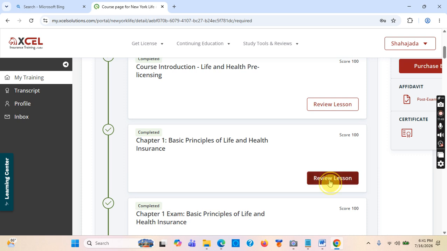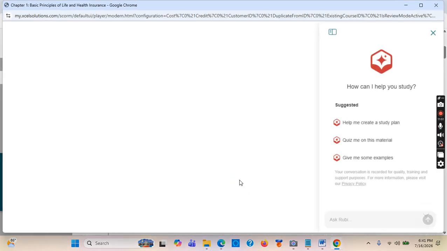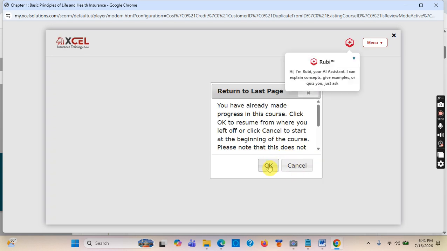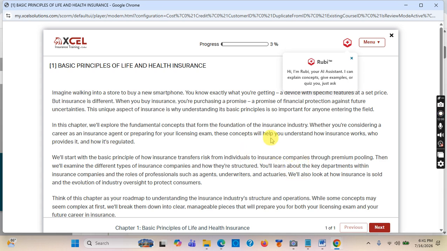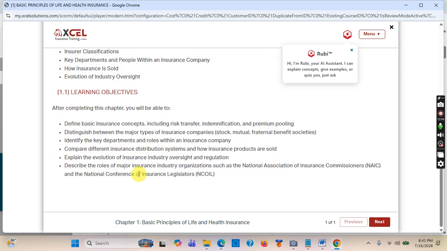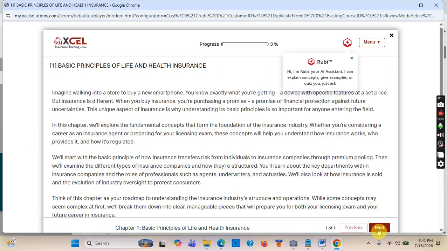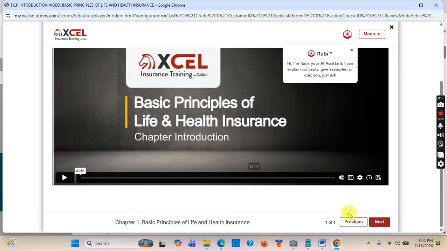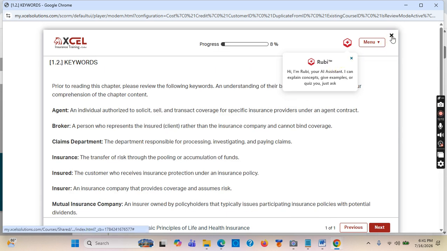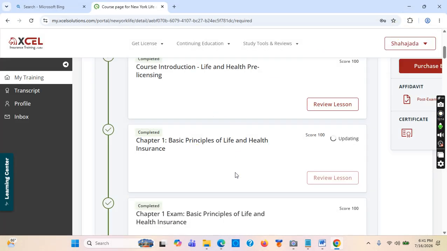If I review the session, there are many pages. Each page has many things to read. So these are books.